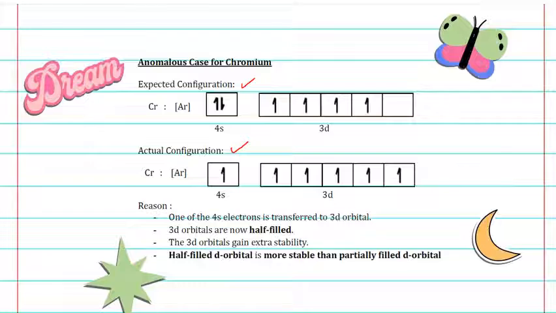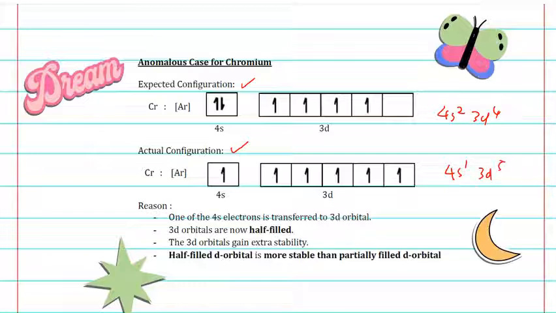Kadang-kadang soalan ada minta write the expected configuration and also the actual configuration. Bila kita nak buat explanation, kita tulis dua-dua. Untuk expected kita tahu dia ending dengan 4s2, 3d4. Tapi untuk actual configuration sebenarnya 4s1, 3d5.